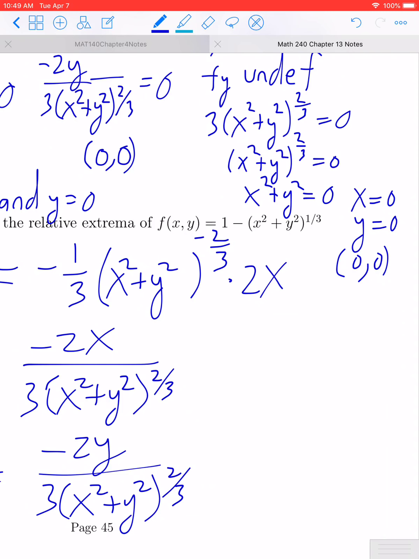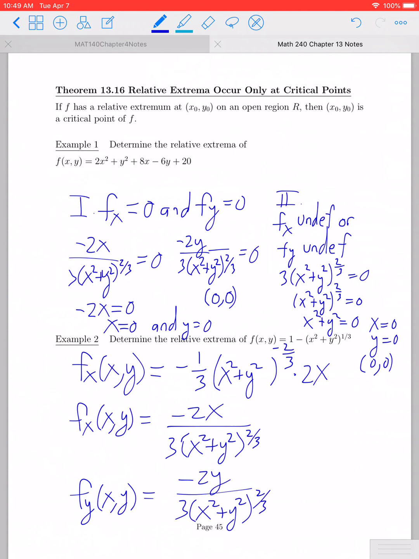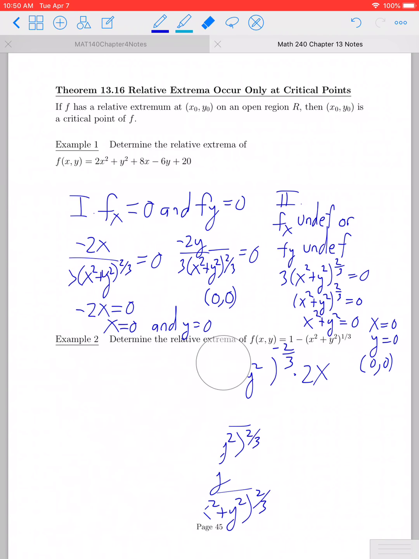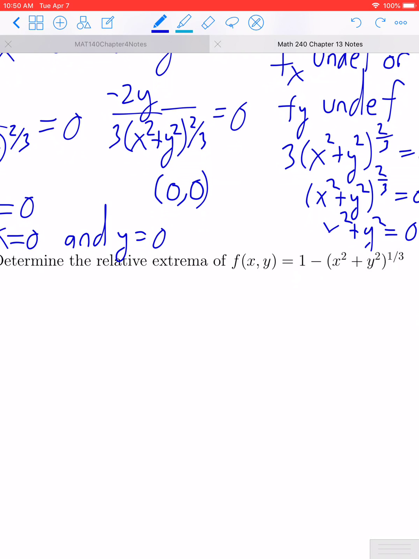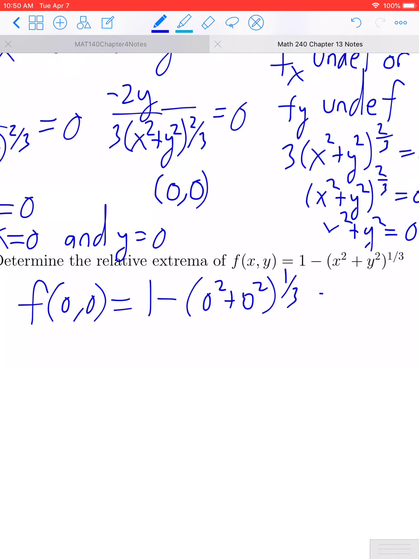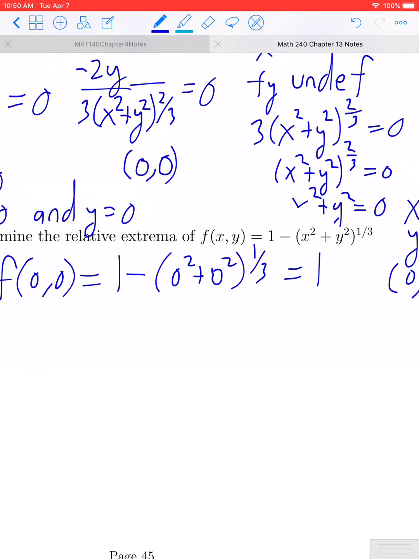We can go ahead now and compute the value of f at this ordered pair. If we compute f of 0, 0, this is going to be 1 minus (0 squared plus 0 squared) raised to the 1/3, which is equal to 1.